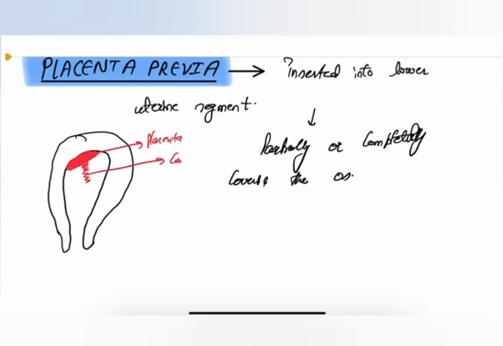This is our cord. While in placenta previa, the placenta is inserted at the lower uterine segment. It partially or completely covers the os, so it can lead to hemorrhage.